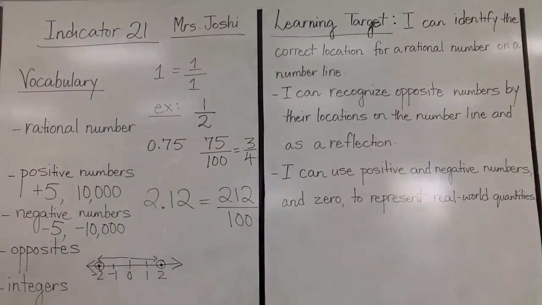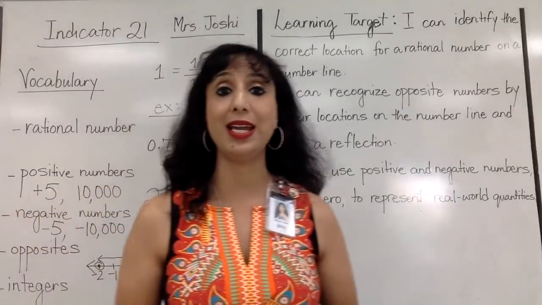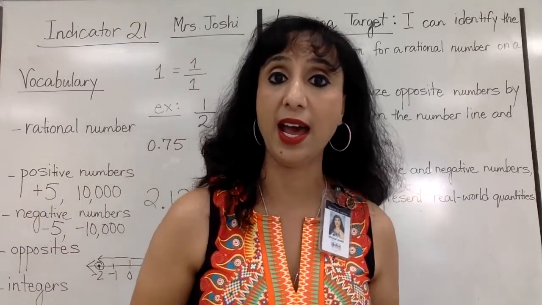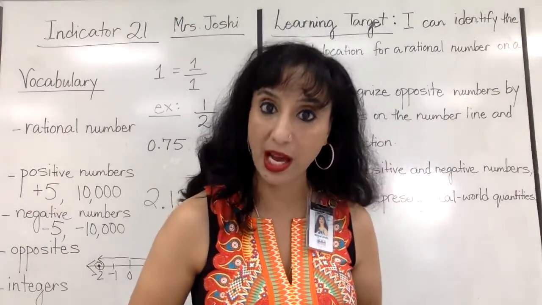Okay, now integer, and I just told you earlier what an integer was. It is a set of whole numbers and their opposites. So when I say whole number, a whole number is any number which does not have a decimal or a fractional part.